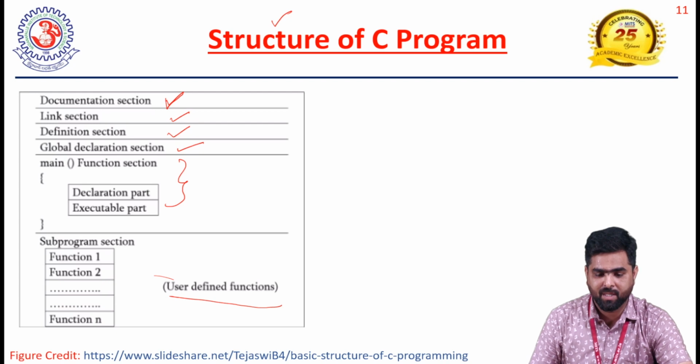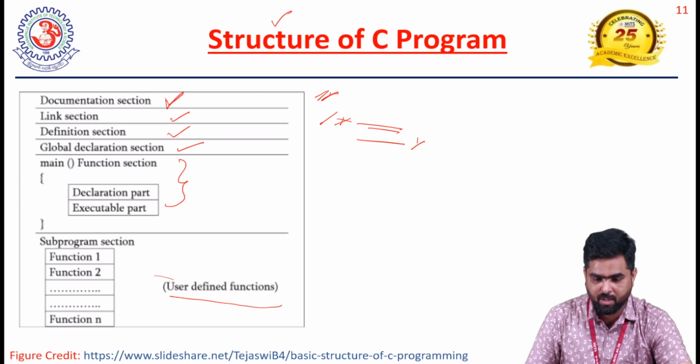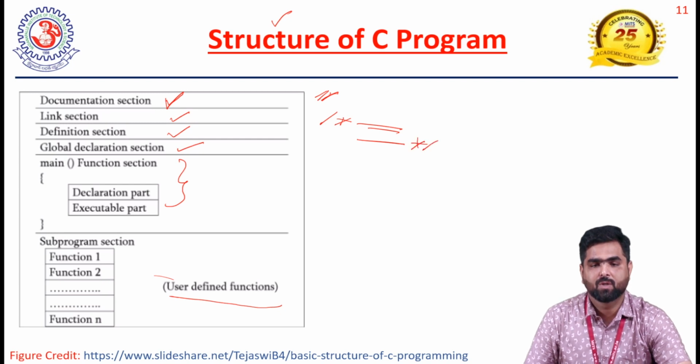If you want to write a documentation statement in a single line, then we can use the double slash. If you want to write the documentation in multiple lines, then you need to use forward slash star, and at the end of all the lines of documentation you need to give star and forward slash. So this is how we do the documentation.